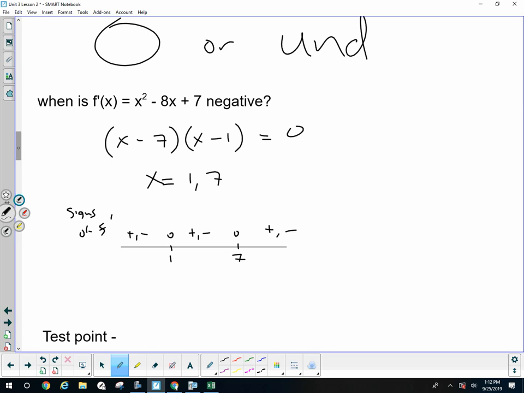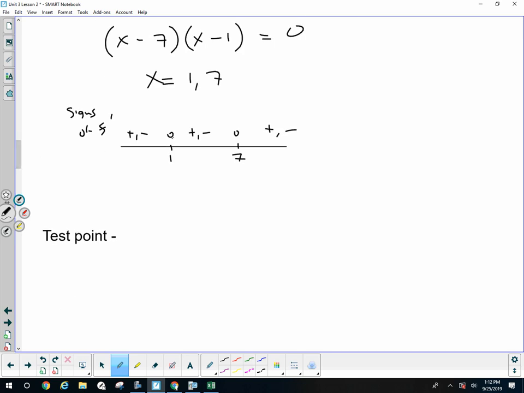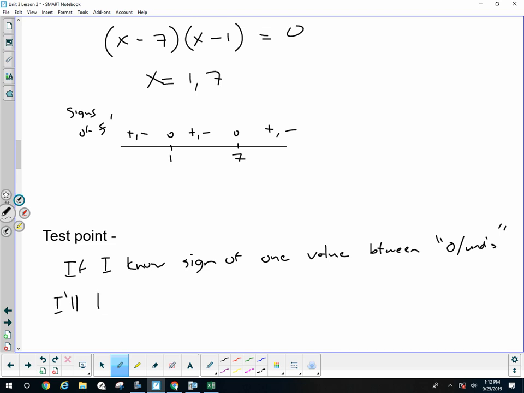Well, guess what? Since it's positive or negative everywhere, all I need is 1 point. If I know the sign of one value in an interval, one value between zeros or undefined, I'll know the sign of all of the values.